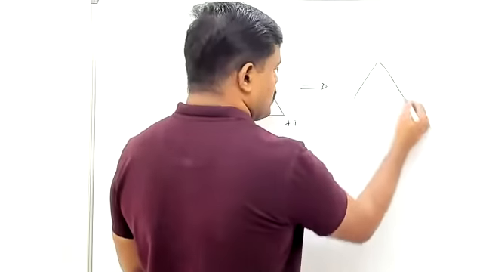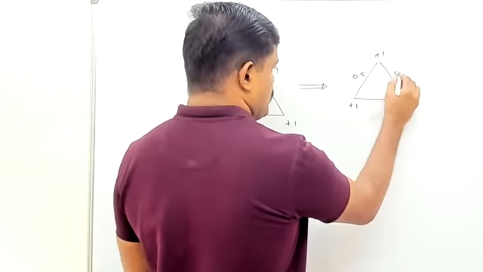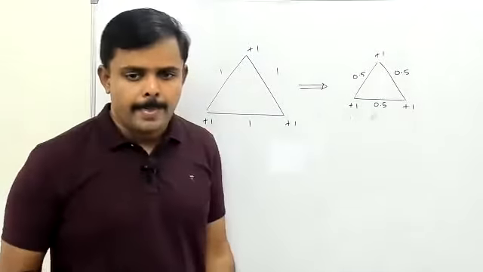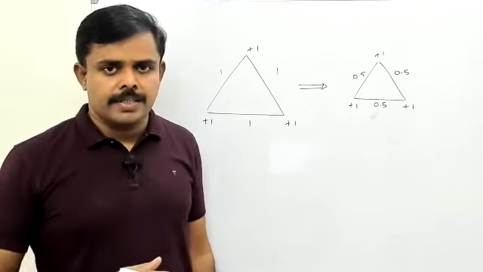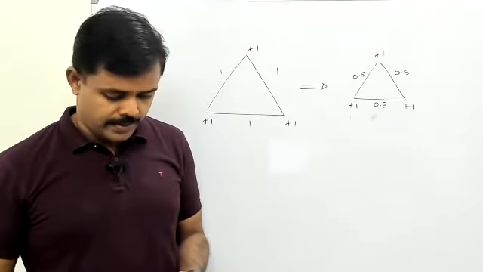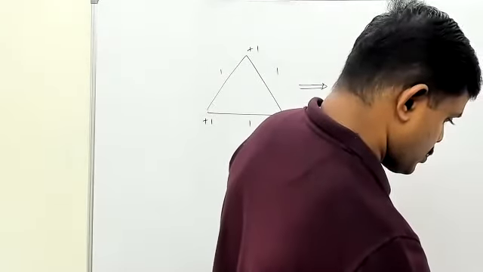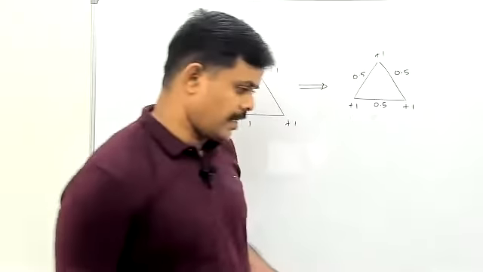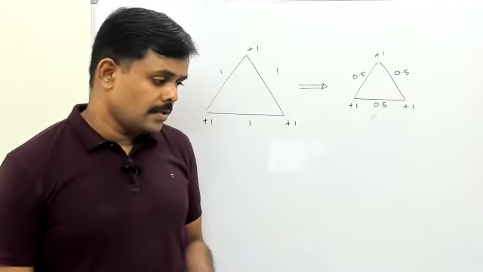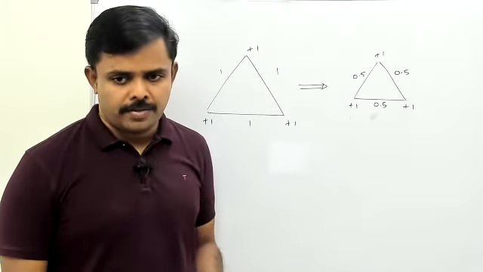Calculate the work done to assemble them at the corners of a smaller triangle of side 0.5 meter.